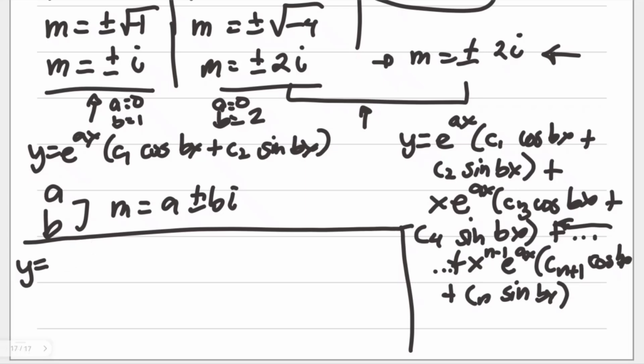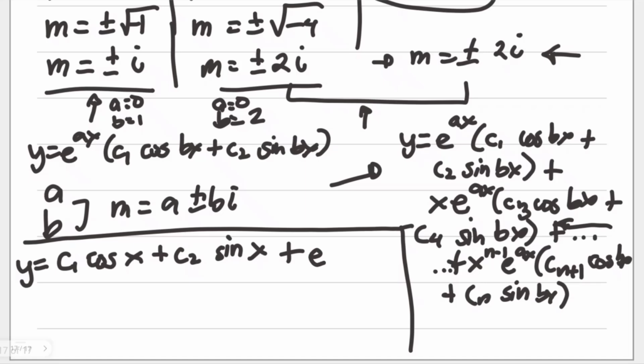Hence, you will have c sub 1 cosine of 1x plus c sub 2 sine of 1x. And then we don't need the parentheses. Now, going to this portion, plus, again, e to the power of 0x, because a here is 0, that's still equal to 1, so no need for that multiplier.